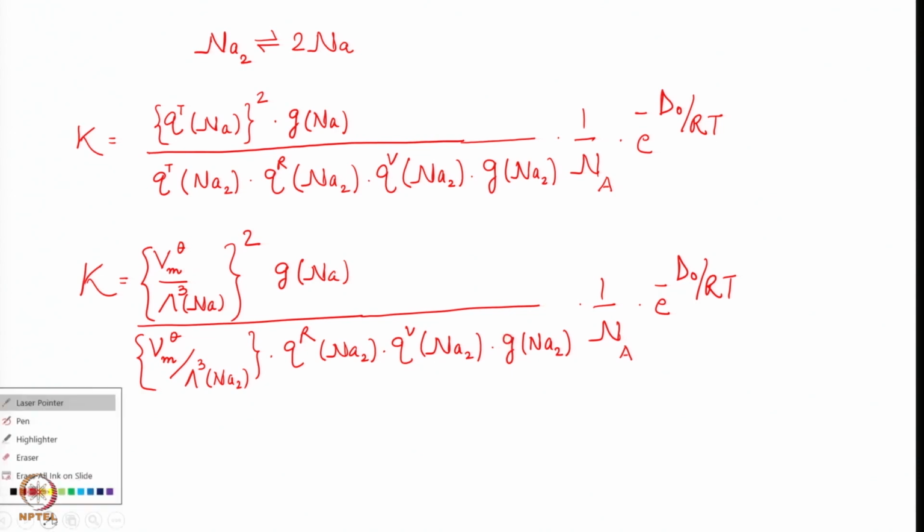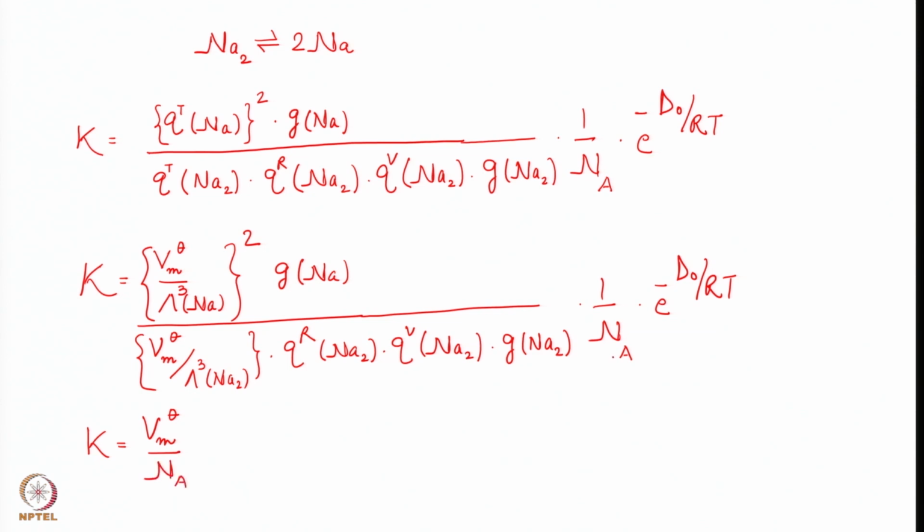Now let us try to further solve it. So now I have K is equal to Vm naught square by Vm naught. I will just write Vm naught, right? One is square, one is one term. And here only let me include Na. I will just bring Na along with this. Now what I have is lambda Na2 cube over lambda Na 6.